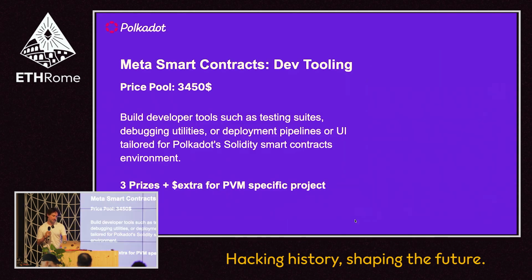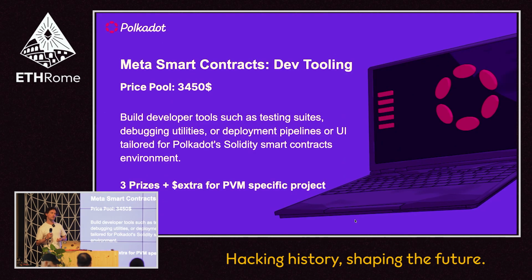And the last part could be the more challenging, or maybe the more narrow, but it is meta smart contracts. So basically, the hackers, your participants, can bring ideas to improve the DevX life of the smart contract developers in Polkadot, like scaffolding, like frameworks, like APIs, everything that you can think about that is going to ease the life of others.